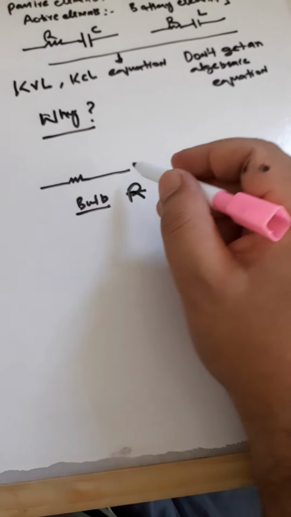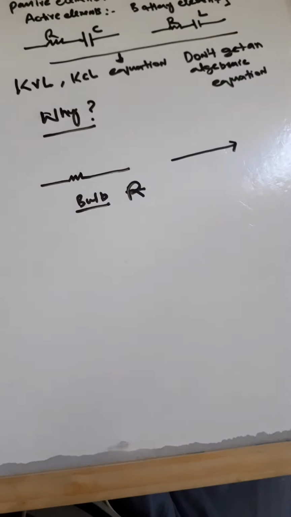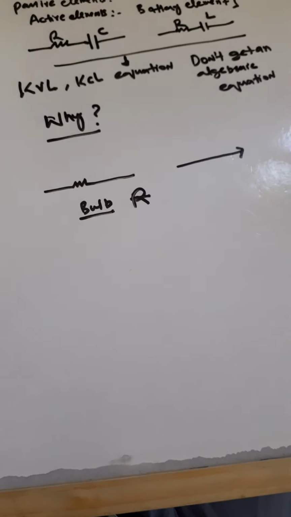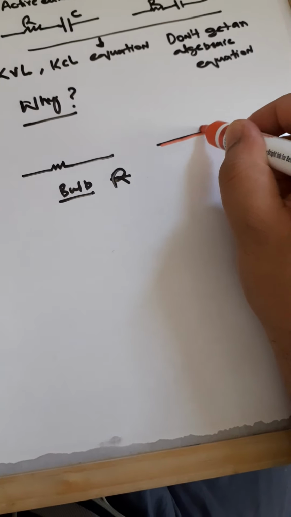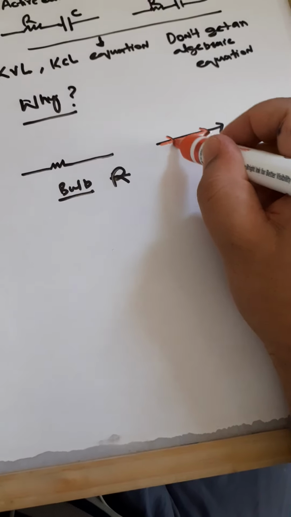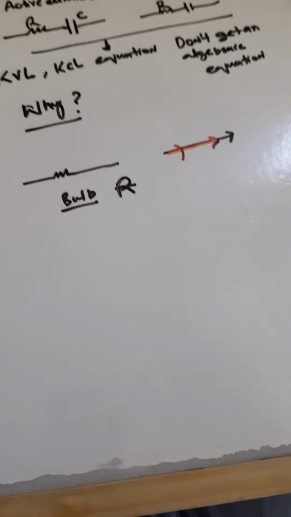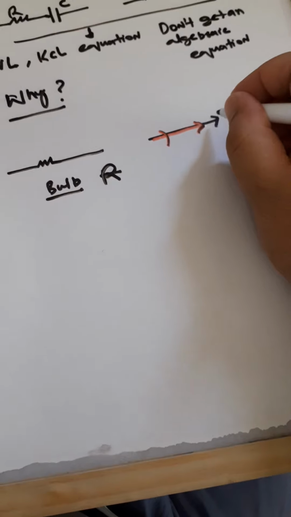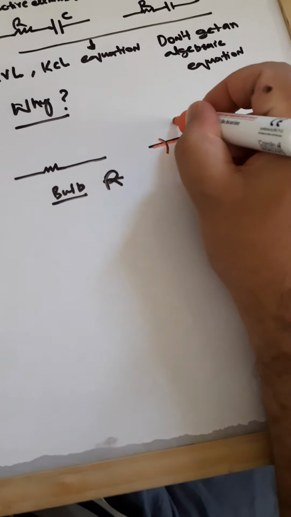So in a resistive network, the voltage and my current are in phase, so there is no phasor difference. If by black I represent my voltage and with red I represent my current, they are in phase.